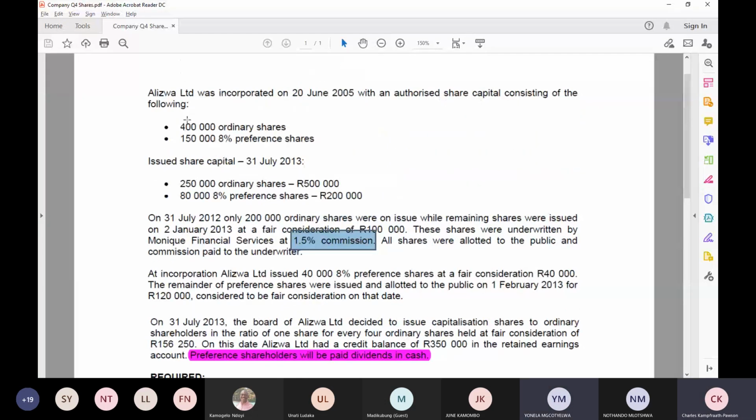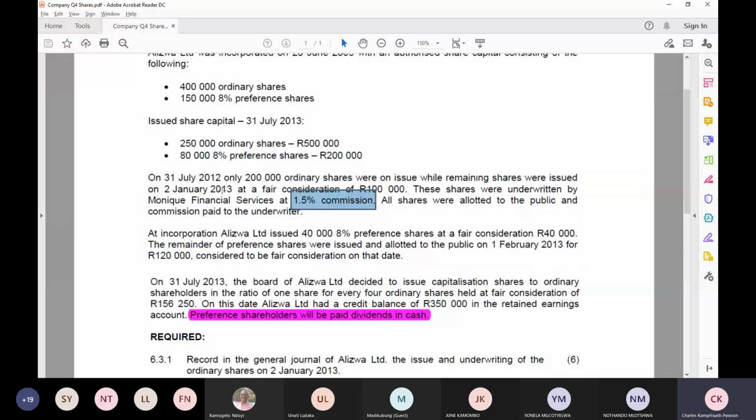They say 400,000 ordinary shares is the authorized share capital. 250,000 ordinary shares are currently in issue. And then they say issued share capital, so this is issued share capital at 31 July 2013. Important to look at the date there. Then they say on 31 July 2012, only 200,000 shares were in issue.